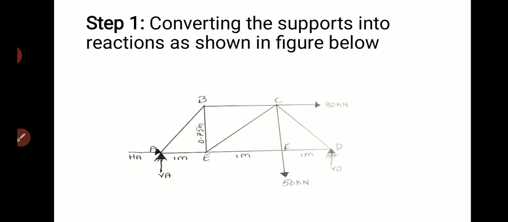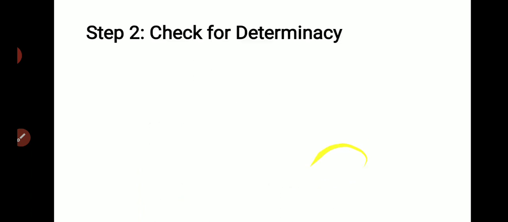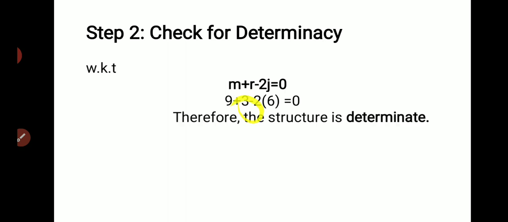So there are totally 9 members, and R is nothing but the reaction forces. At A there are two reactions, HA and VA. At D there is only one reaction, that is VD. Therefore the total reactions for the overall truss is 3, 2 at the hinge and 1 at the roller. Therefore R will be equal to 3 here.